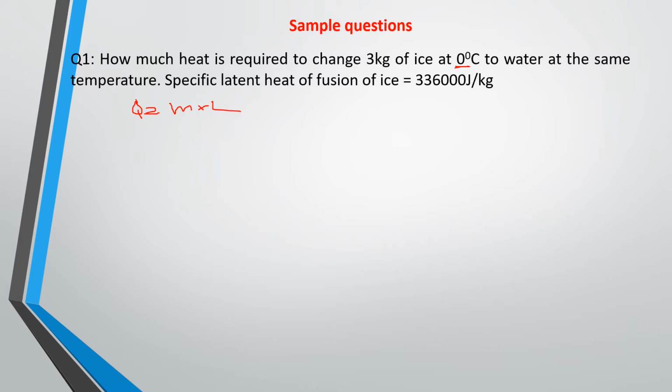In this particular question, you are given mass to be equals to 3 kg. Temperature of ice theta is equals to 0 degrees, though we don't need it. Then latent heat is given to you to be 33600 joule per kg. So these are what you have been given.